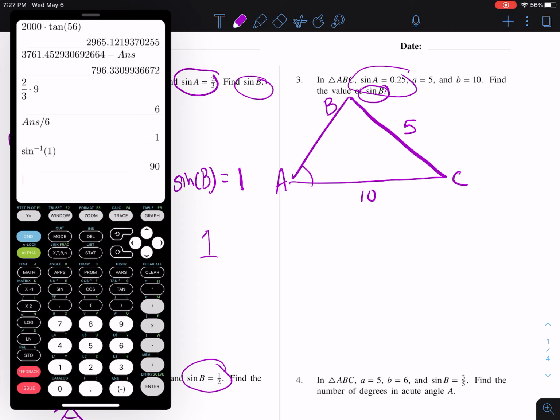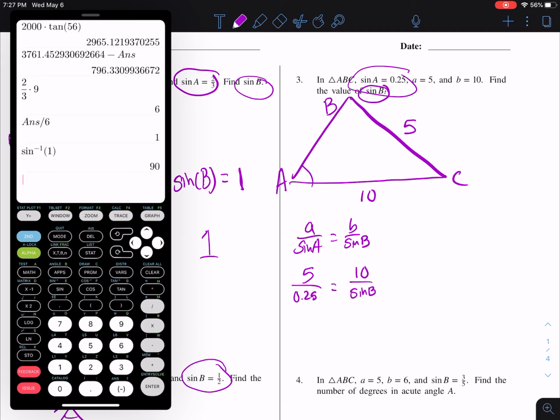Okay, so I'm going to be using A over the sine of A equals B over the sine of B, and I'm going to plug in. So when I plug in, A happens to be 5, and the sine of A is 0.25. B happens to be 10, and I don't know what the sine of B is.